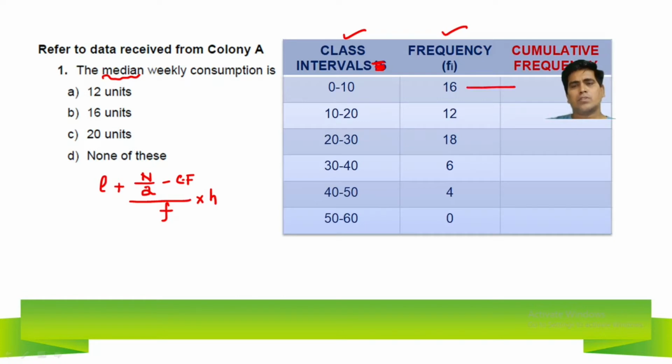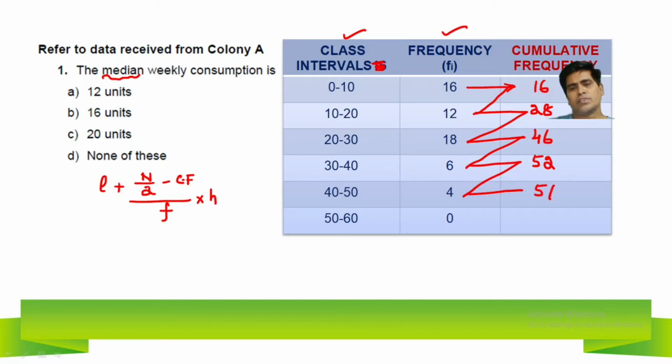In the first row, you take it as it is, 16. Now add 16 plus 12, that is 28. 28 plus 18 goes to 46. 46 plus 6 is 52. 52 plus 4 is nothing but 56.